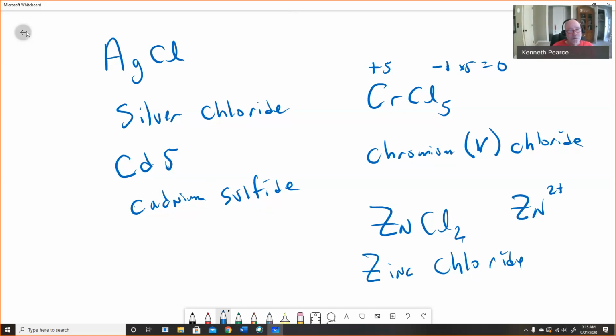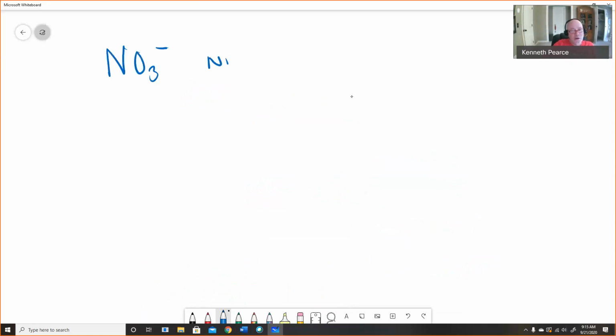And so finally, we have the situation with polyatomics, and polyatomic ions are covalently bonded with a net charge. So this would be a nitrate ion, and there's no good way of learning nitrite and nitrate without just simply memorizing them.